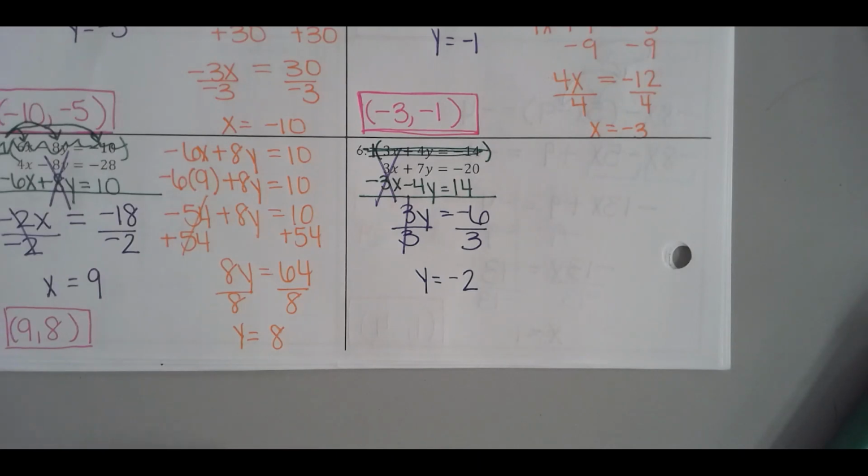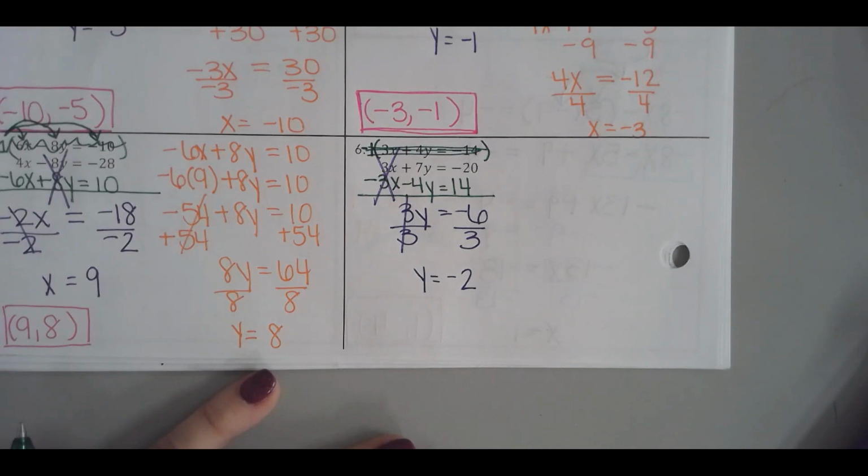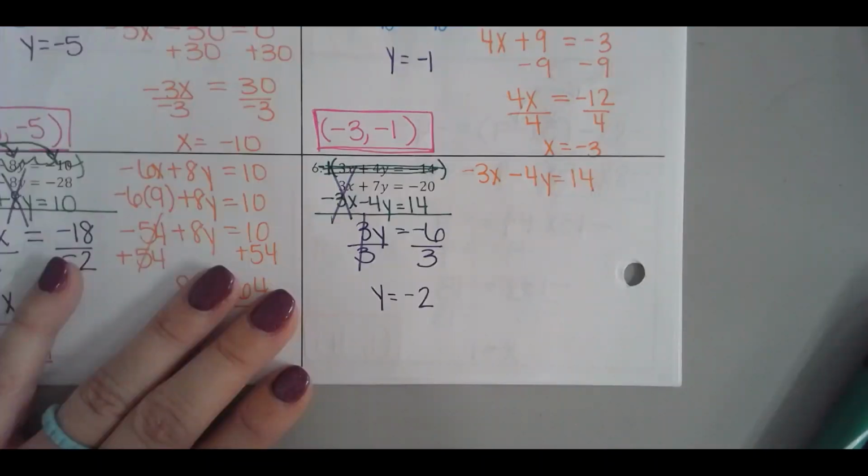And now I'm going to plug that back in. What do we want to plug it back into? Go with the one we made, y equals 14. Y is negative 2, so make sure you're plugging it into the right letter.